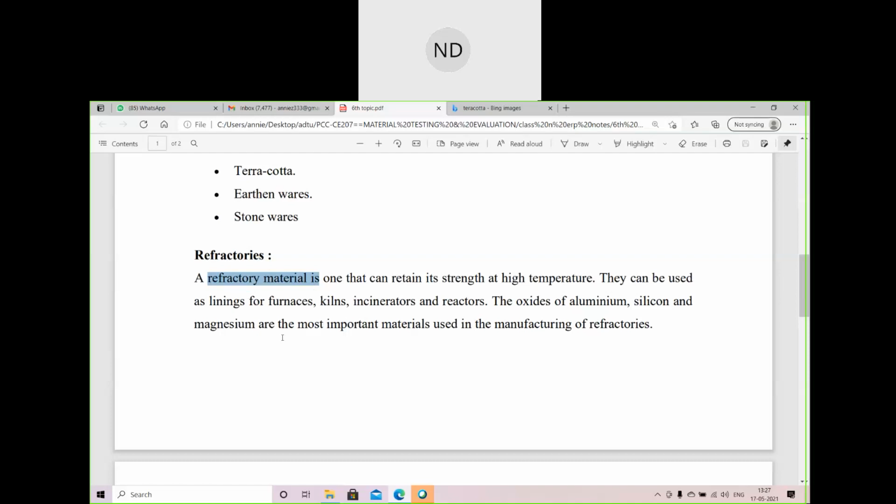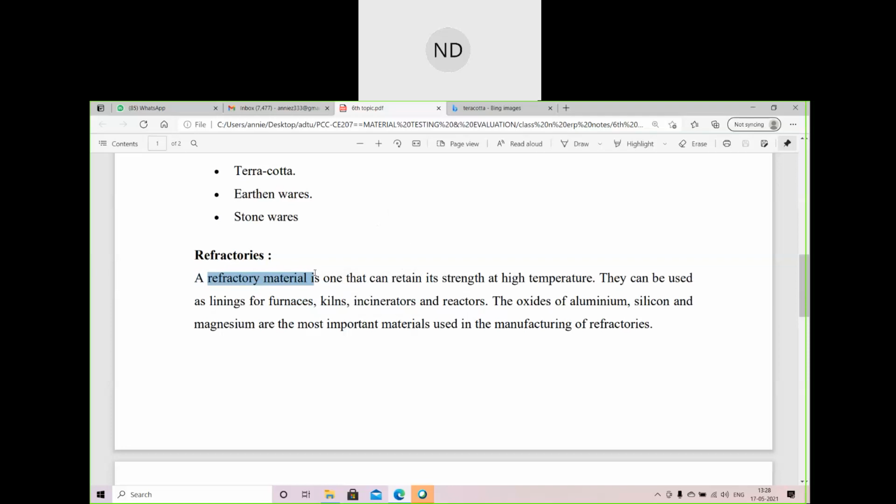So these refractories can be used in your furnaces, because in furnaces we burn things at very, very high temperatures. Those structures are under very high temperatures, so we can use refractory materials which can withstand too much heat, as well as have very high strength at high temperature. They do not get affected by chemical attacks also.